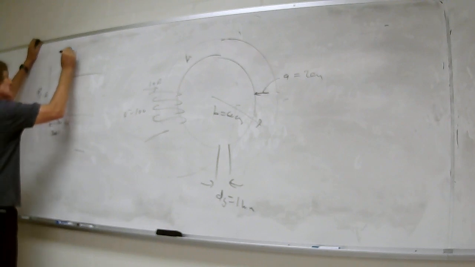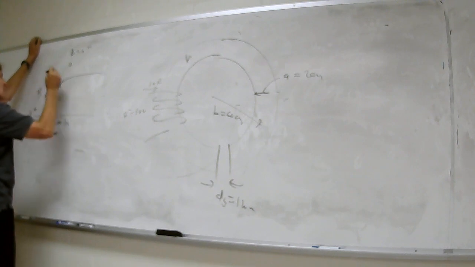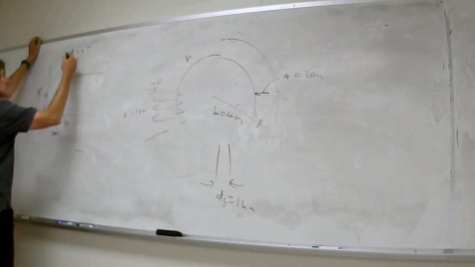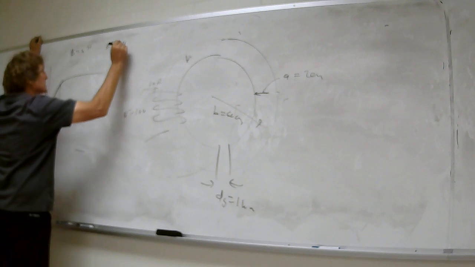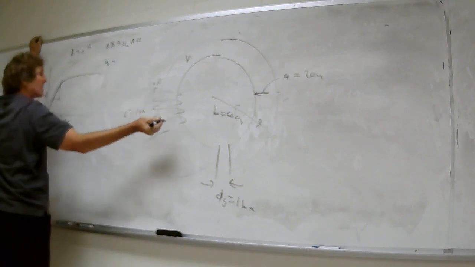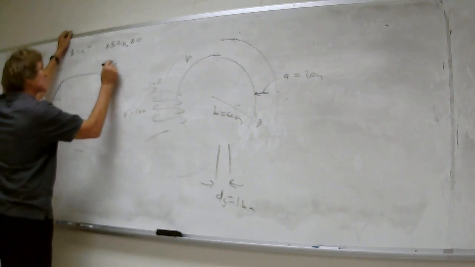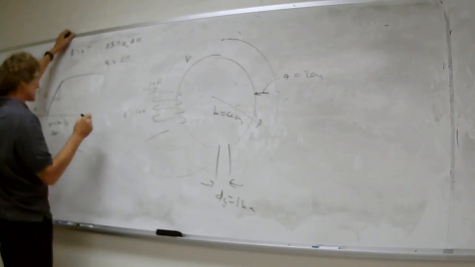Now, B is equal to mu H, right? That means mu at the low end, down here at the origin, is approximately equal to delta B over delta H, which is 0.4 over 200.